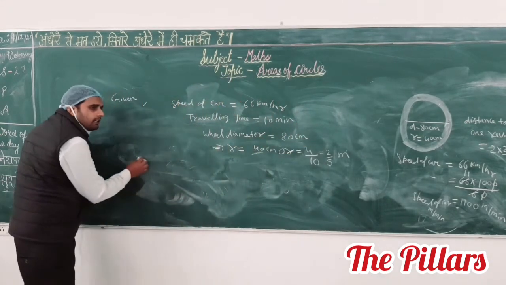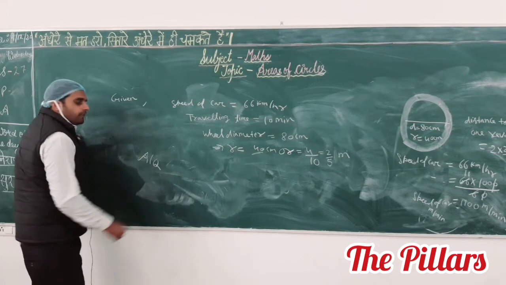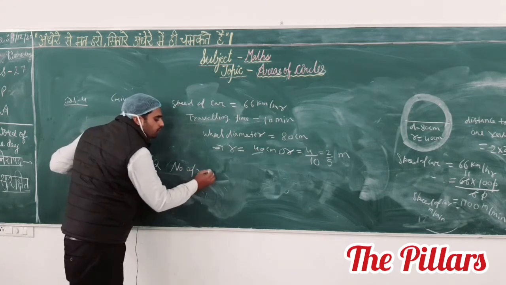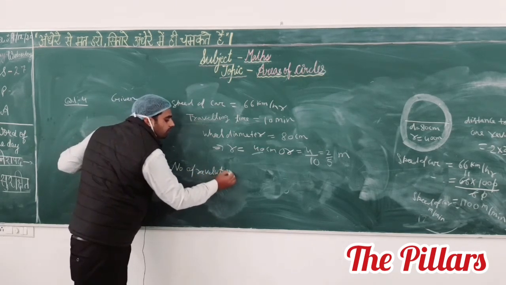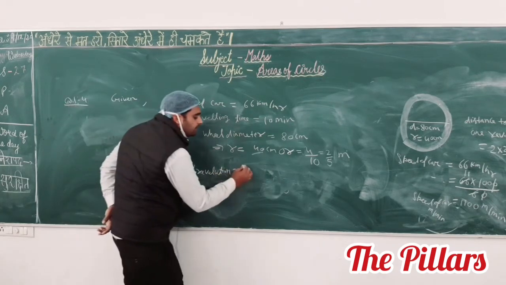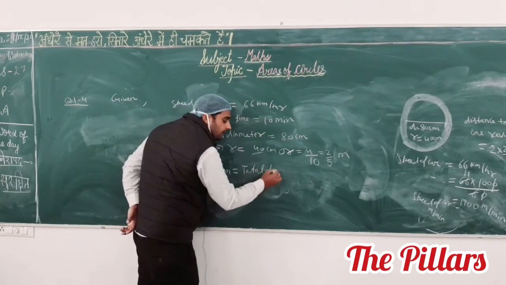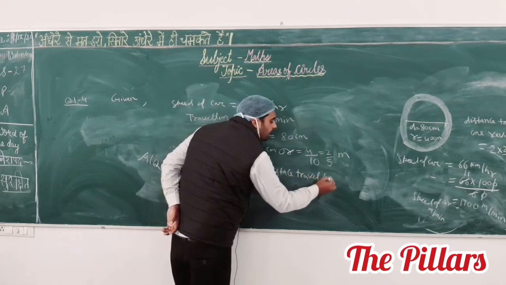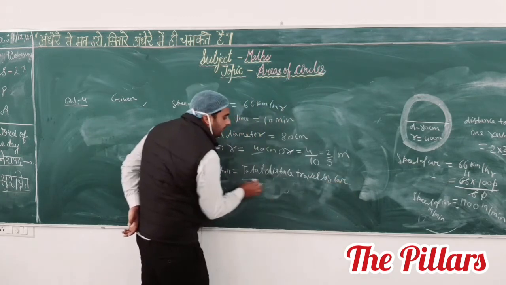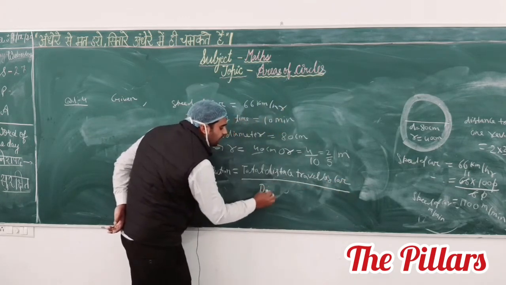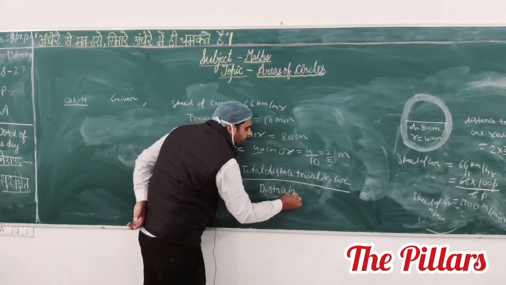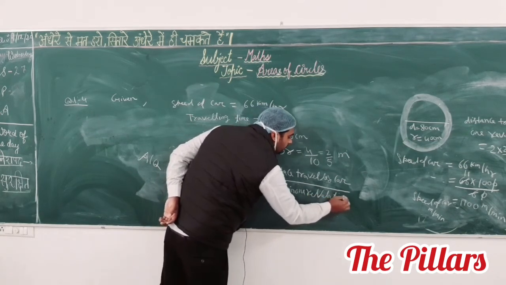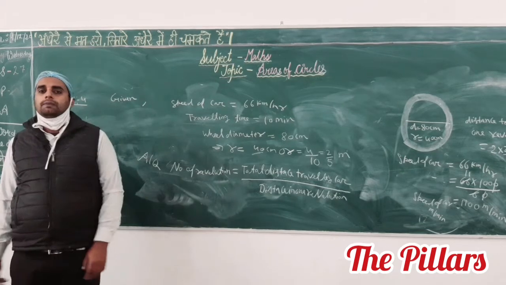According to the question, the number of revolutions equals the total distance traveled by the car divided by the distance in one revolution. Till here, does anyone have any problem?